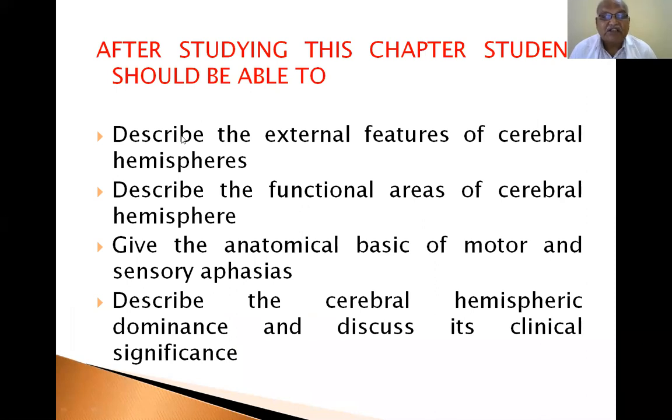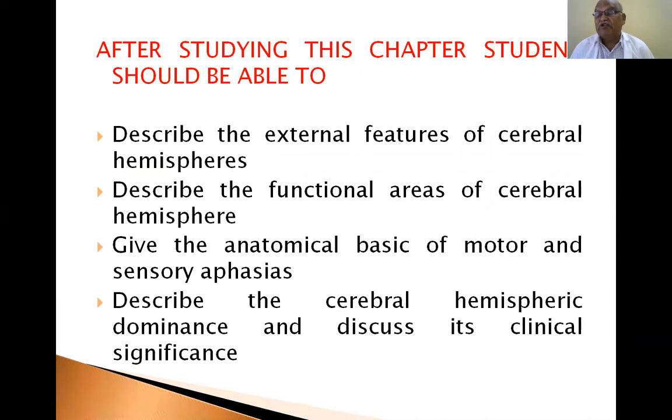Describe the external features of the cerebral hemisphere. Describe the functional areas of the cerebral hemisphere. Give the anatomical basis of motor and sensory aphasias. Describe cerebral hemisphere dominance and discuss its clinical significance.